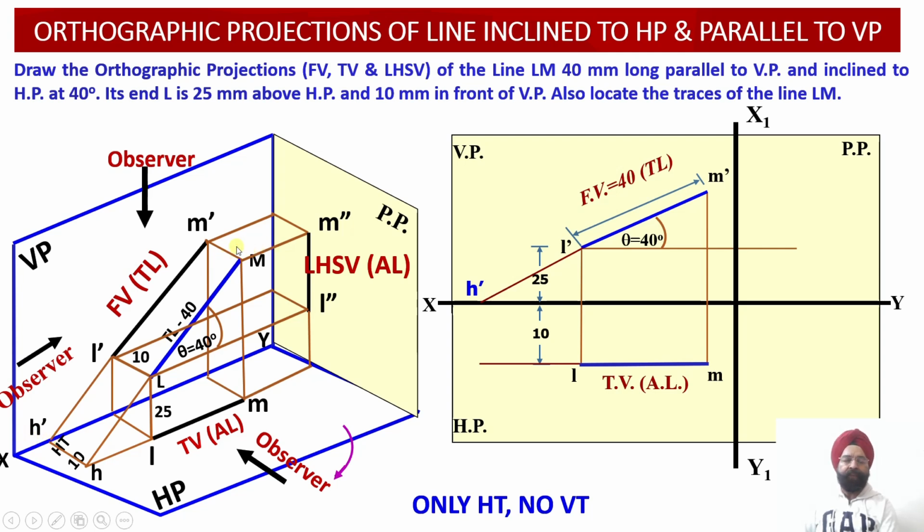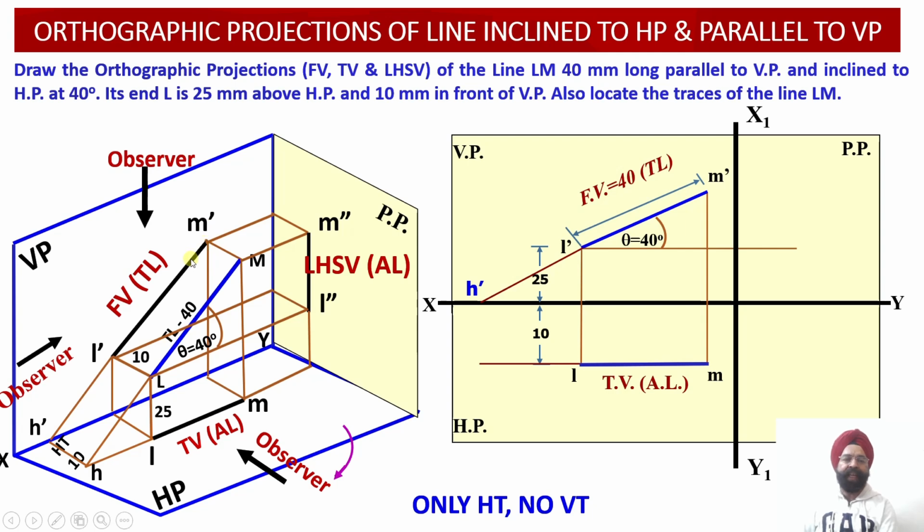Please check, while we were discussing the evaluation of the horizontal trace using spatial coordinates, we had extended this line LM first of all. But in the case of orthographic projections, the spatial location of the LM line is not available to us in the 2D projection. So what we have to do?